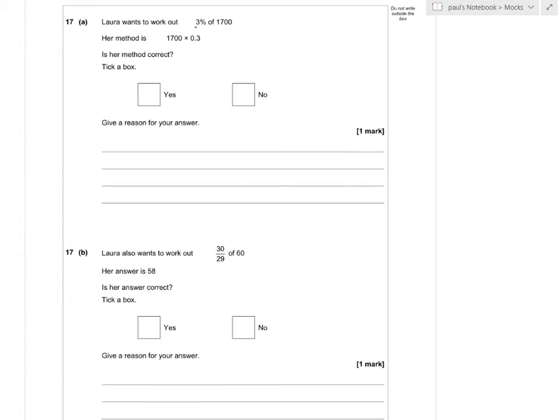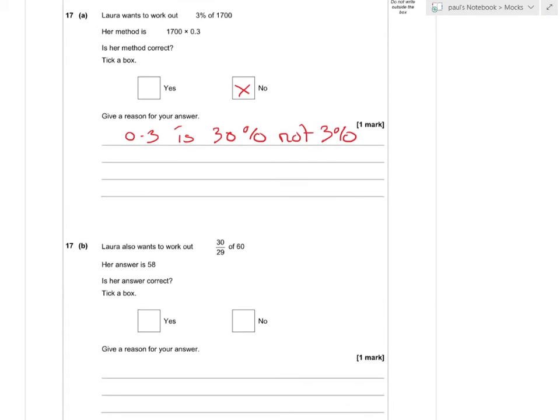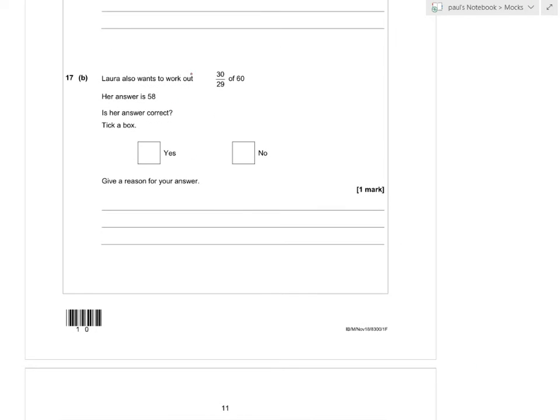Laura wants to work out 3% of 1700. Her method is no, because 0.3 is 30%, not 3%. Laura also wants to work out that over that of 60. Her answer is 58.